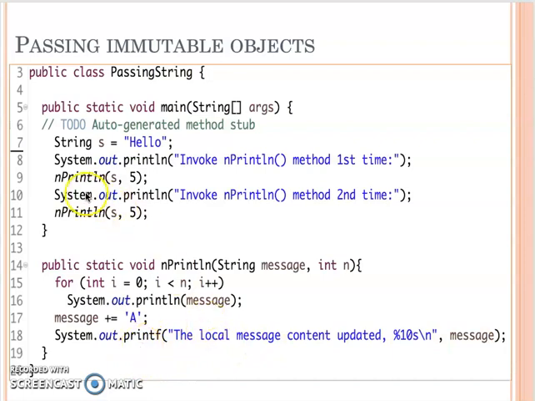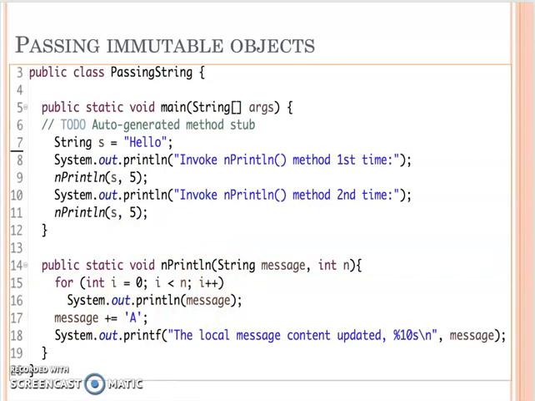Then after you're done, when you come to lines 10 and 11, even if you call the method again, because the string is an immutable object, when it is passed through the method, it is passed by copy because it cannot change. They're just using the reference, so they create another object inside the local method.